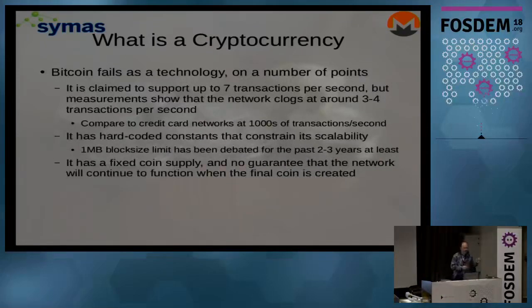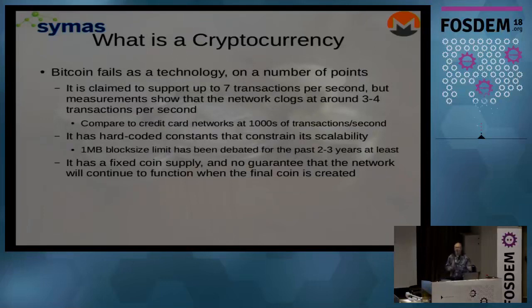Right. So you're talking about multiple orders of magnitude difference that simply can't compete. The Bitcoin implementation is riddled with hard-coded constants that constrain how it performs. All right. If you've been following the Bitcoin community, you're probably aware of this block size debate.